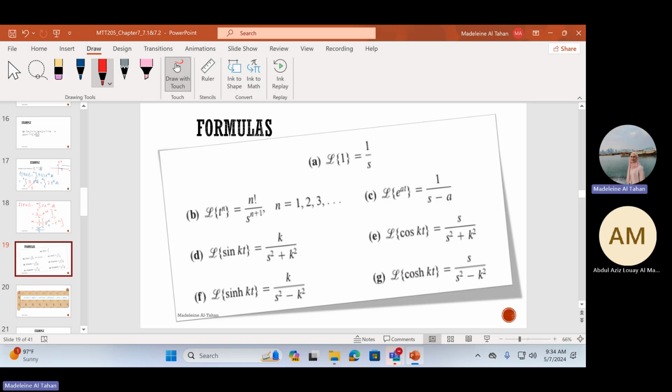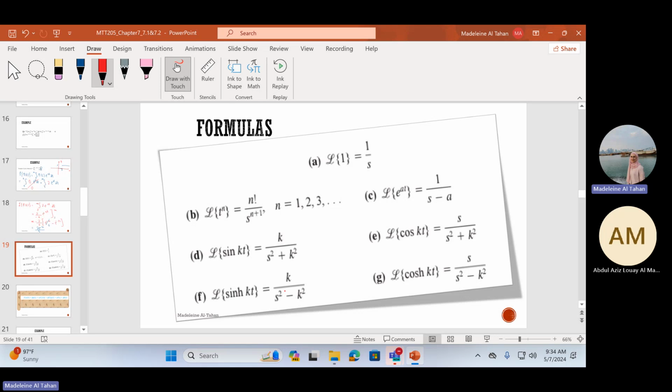We will choose the hyperbolic function. Now, if you look at the hyperbolic sine, it's the same as the sine, but instead of having plus in the denominator, what do we have? Minus. And the hyperbolic cosine is the same as cosine, but again, instead of having plus in the denominator, what do we have? Minus.